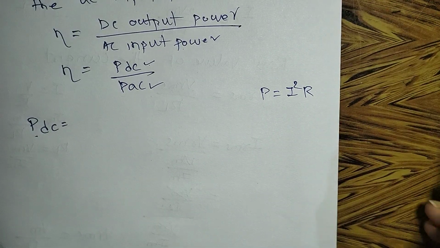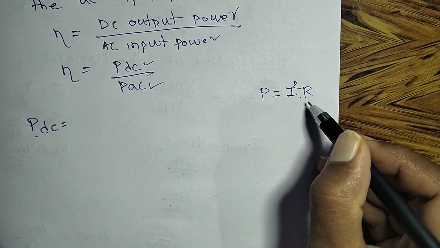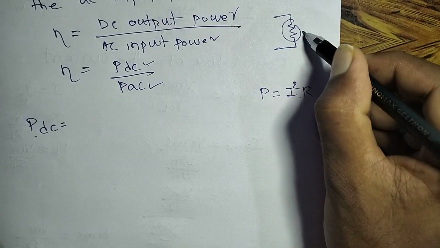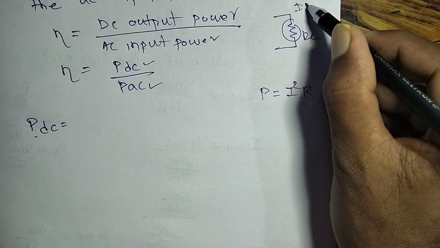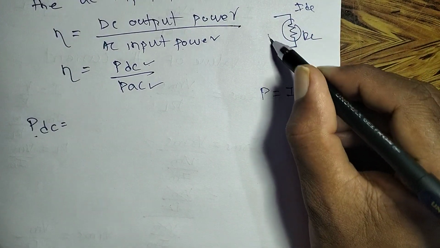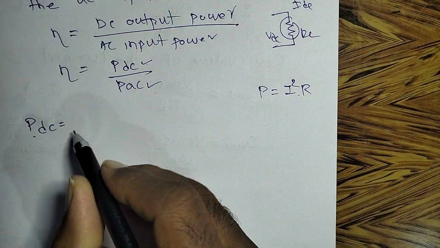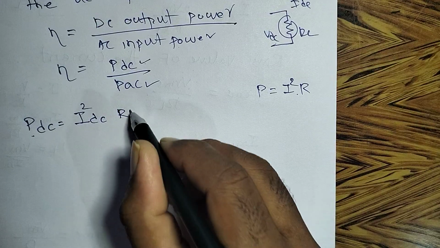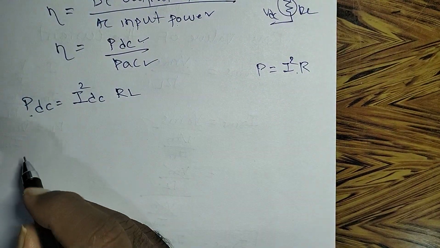Power is equal to I square into R. Okay, power is equal to I square R. So here we are going to calculate the power at the load resistance. Here IDC is the current and VDC is the drop across the load resistance. So we may calculate the power value. Now this can be written as IDC square into RL. This is the expression for PDC.